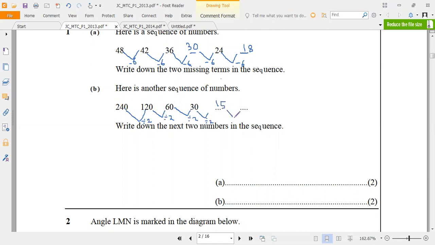And then the next one, we get 15 and divide it by 2 to get 7.5. So the answers for part 1, the missing numbers in the sequence, are 30 and then 18. And for the second sequence, the numbers are 15 and 7.5. Those are the numbers which are missing in those sequences.